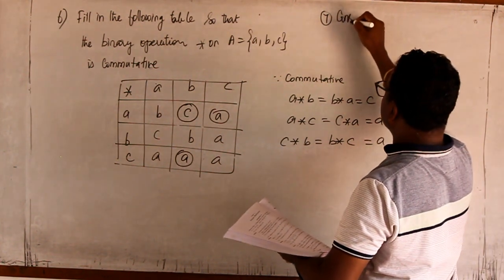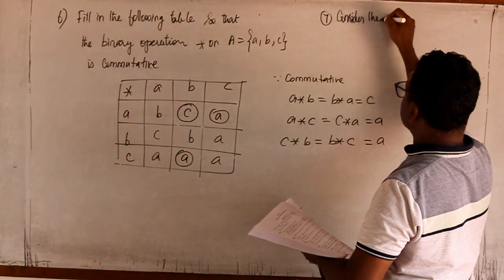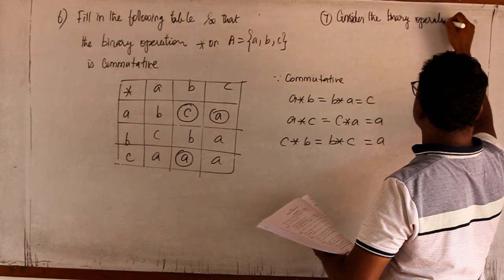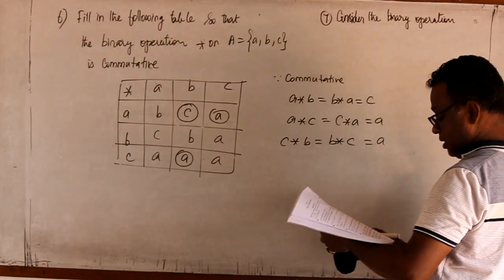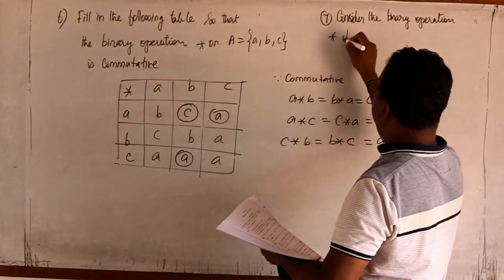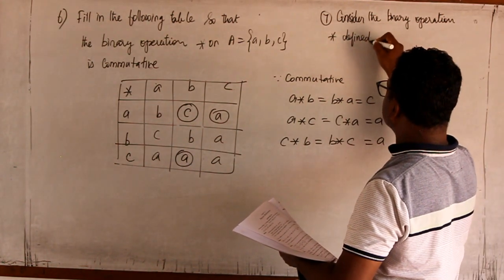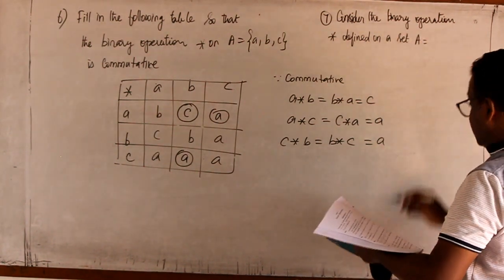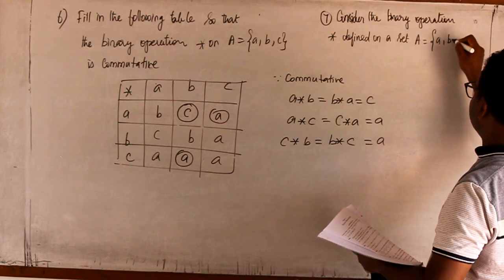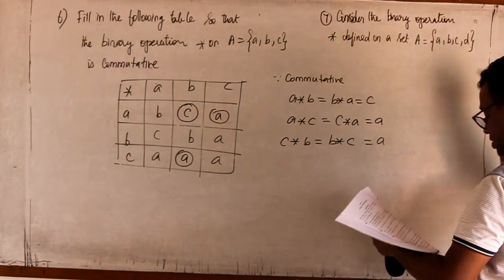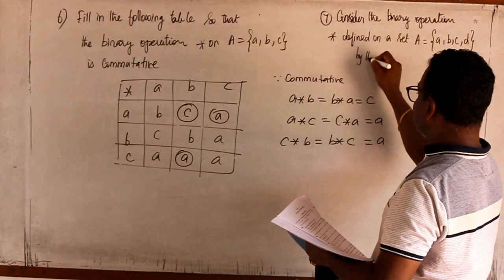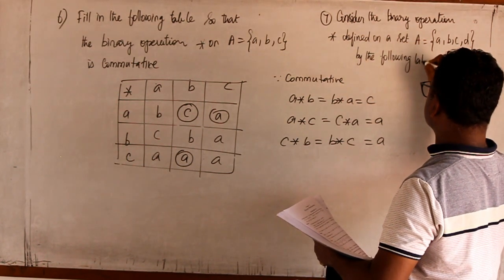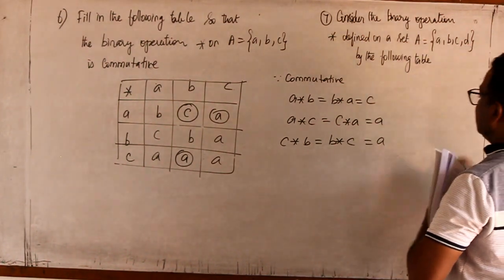Consider the binary operation star defined on a set A equal to {A, B, C, D} by the following table. They gave the table. Solution of this.